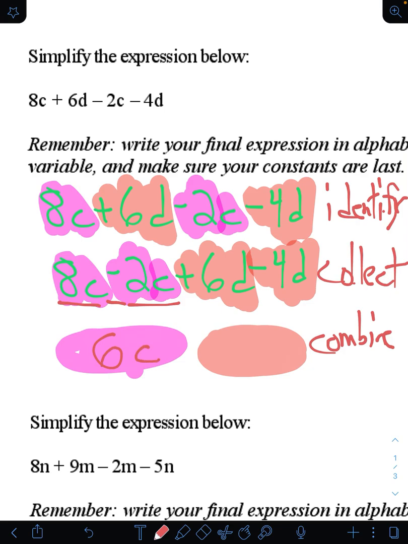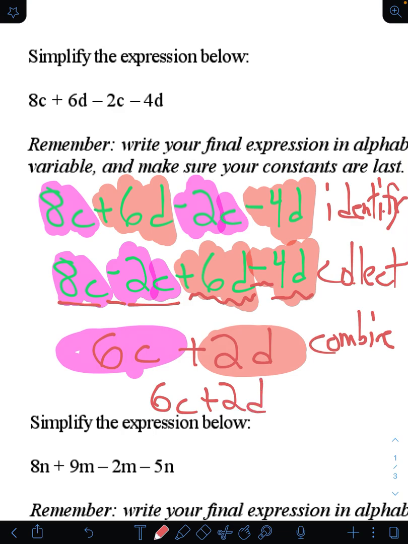Okay? If you have 6 dogs and you take away 4 dogs, you now have 2 dogs, or a positive 2 dogs. So that's why our final expression is 6C plus 2D.